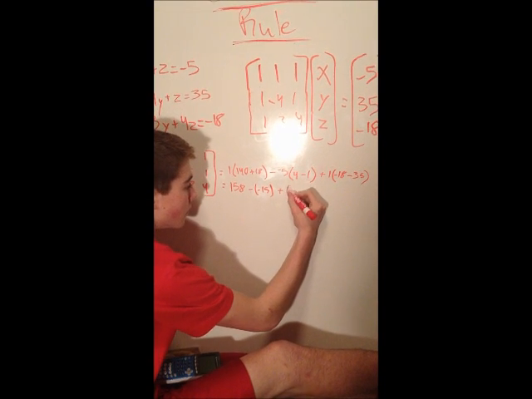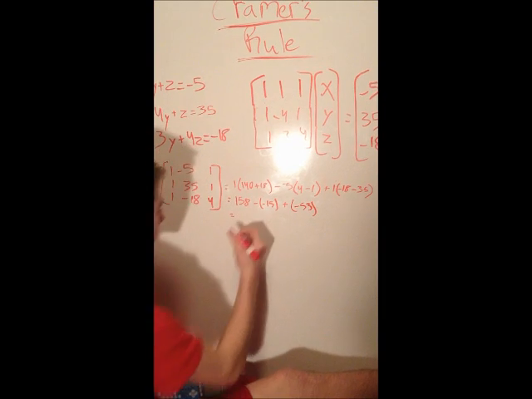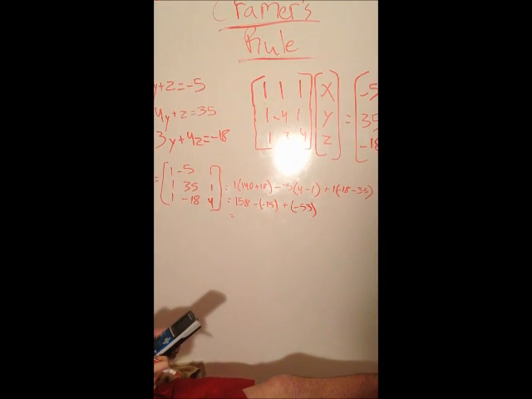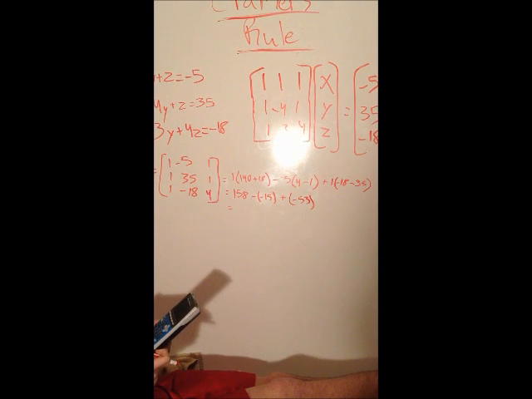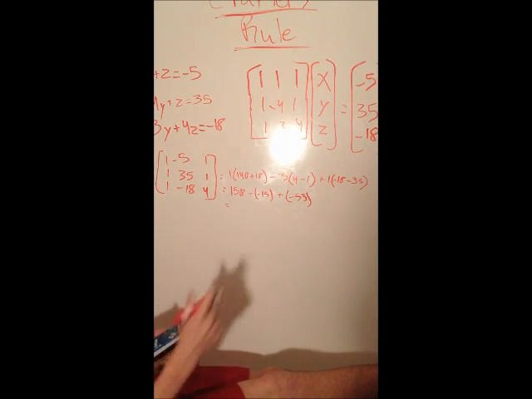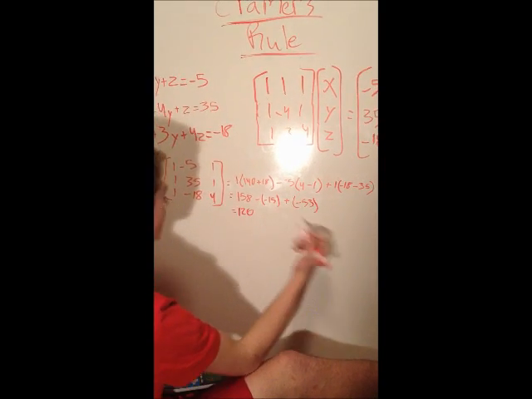And so that simplifies out to 158 minus negative 15 plus negative 53, which comes out to 120. And so that's D of y.